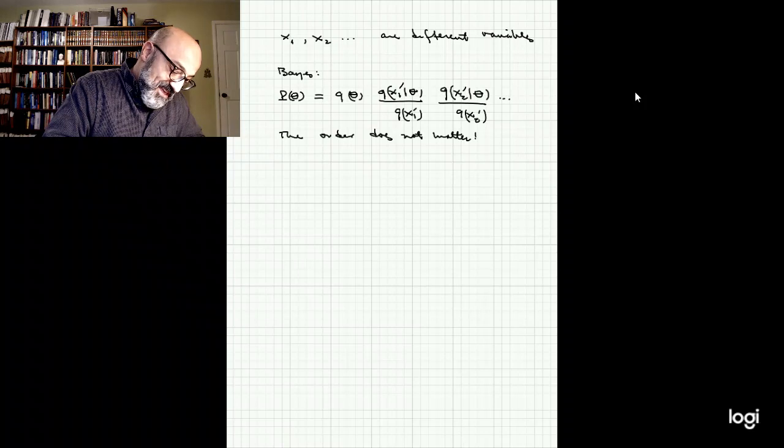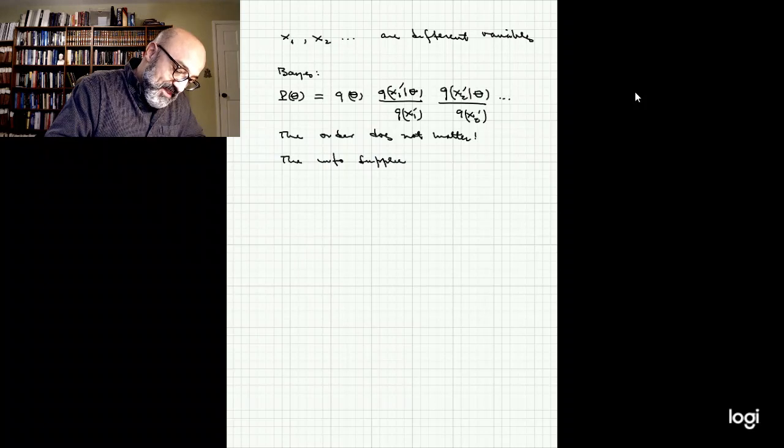So the information supplied by x1 prime is independent of that supplied by x2 prime.